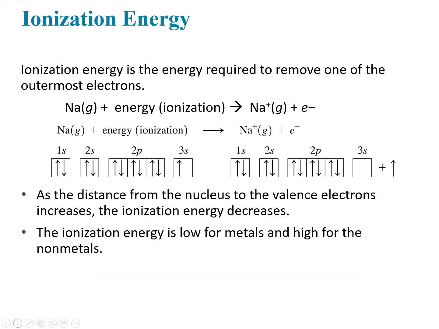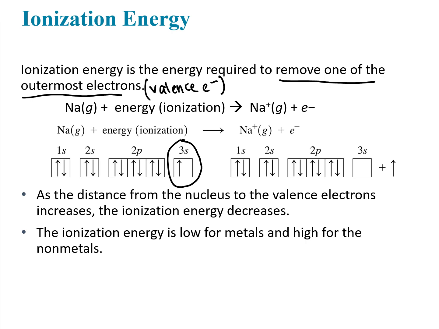Let's talk about ionization energy, because that is related to atomic size. Ionization energy is the energy required to remove one of the outermost electrons. And remember, that's another way of saying valence electrons. So if we use sodium as an example, the valence electrons that we're interested in are here.